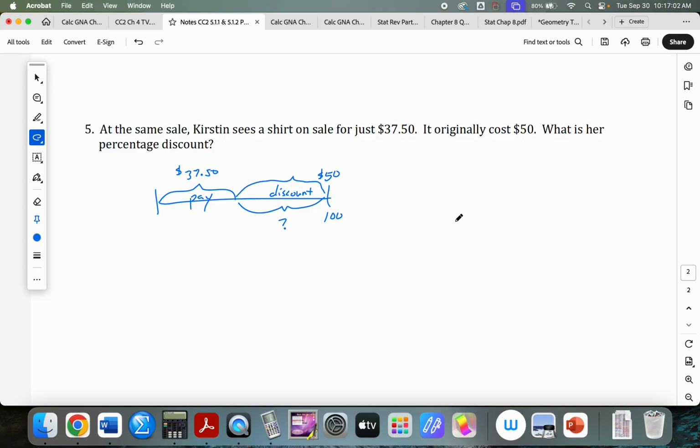How can we figure out how much the discount was? Yeah. Subtract 50 minus 37.5. So it's $12.50.